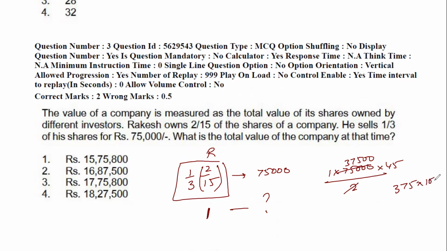375 into 100. I'm just going to multiply 45 and 375. Okay. So we can do the math out here. 375 into 45. Hang on.